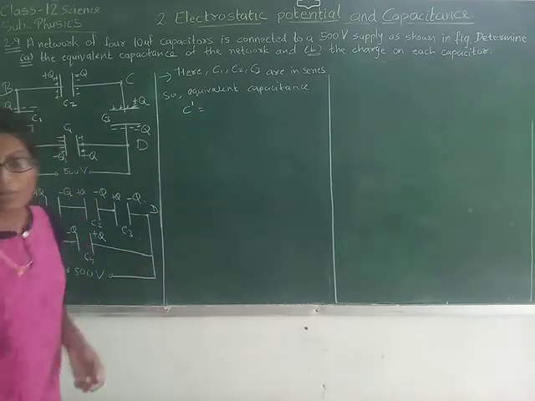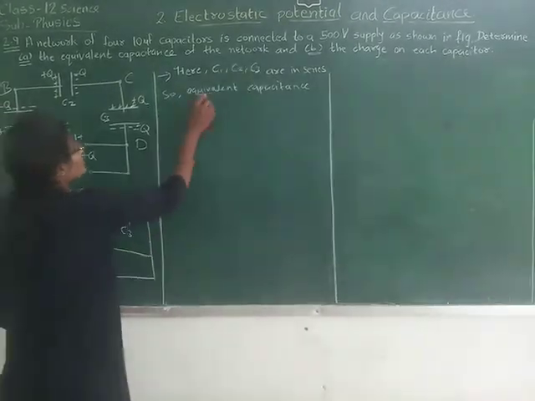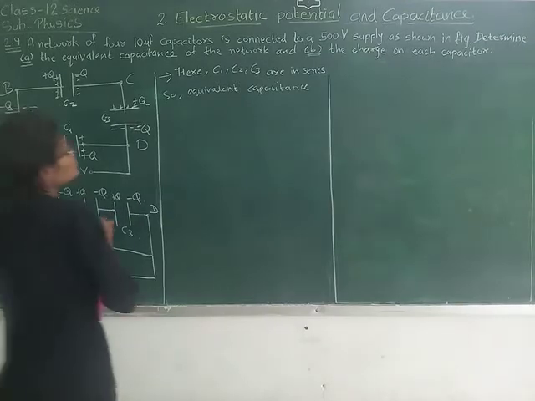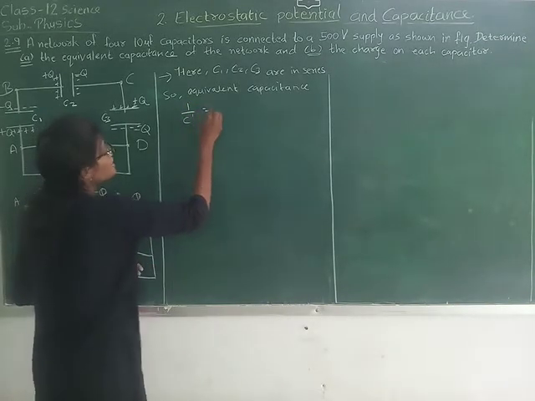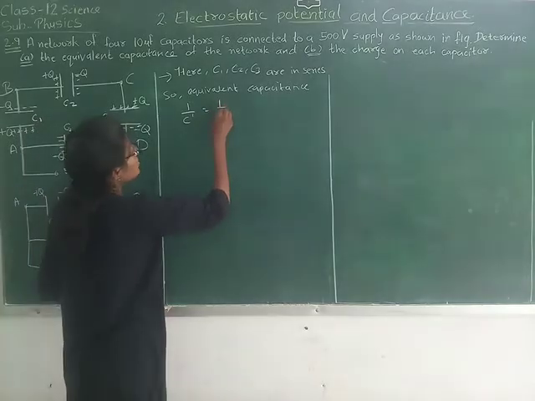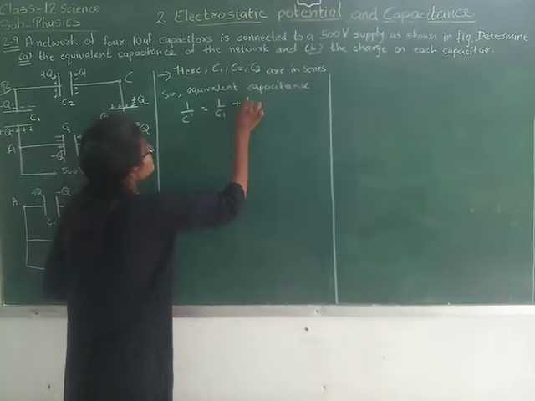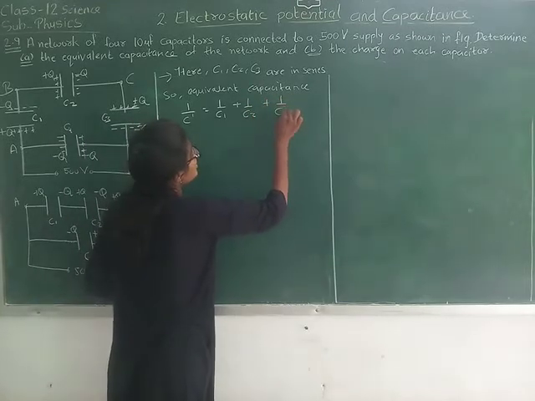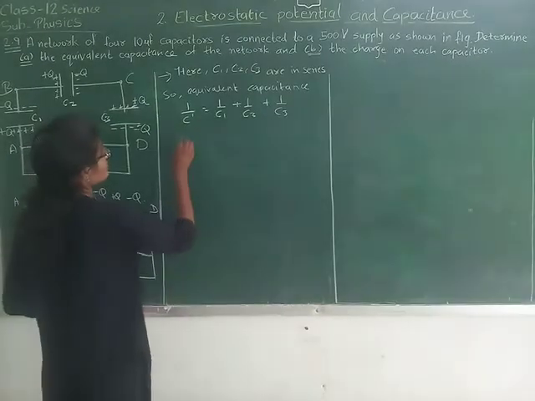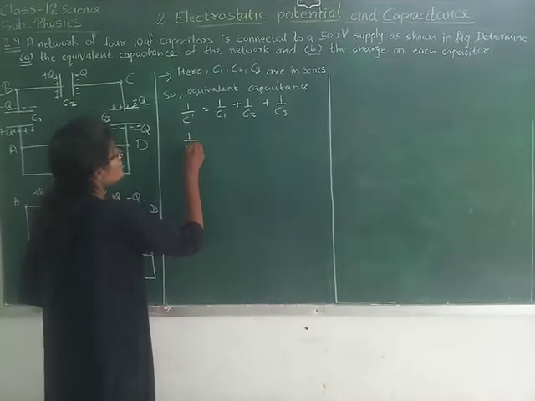For equivalent capacitance for series connection, the formula is 1 upon C dash equals to 1 upon C1 plus 1 upon C2 plus 1 upon C3. That is 1 upon C dash.